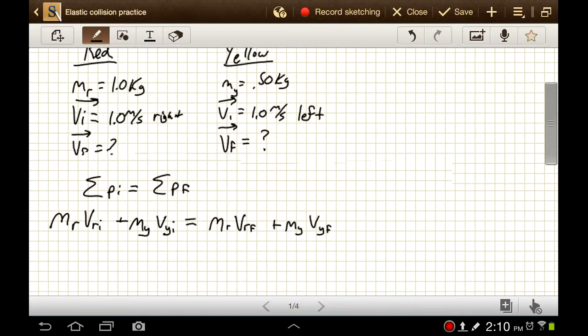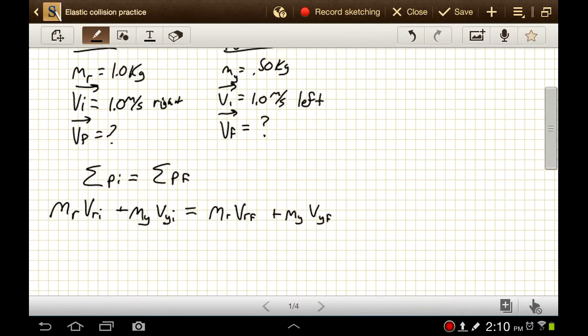And now we can substitute values for those. We've got 1.0 kilograms, and I'll make this a positive 1.0 meters per second, plus 0.50 kilograms, and this one will be a negative 1.0 meters per second.